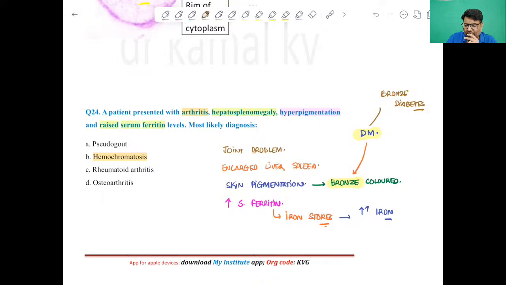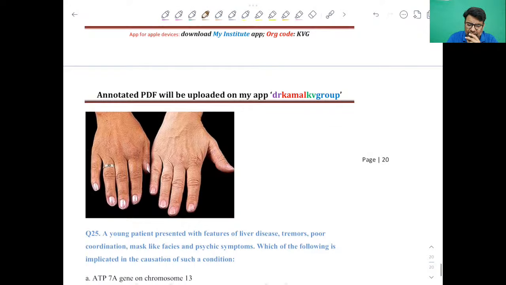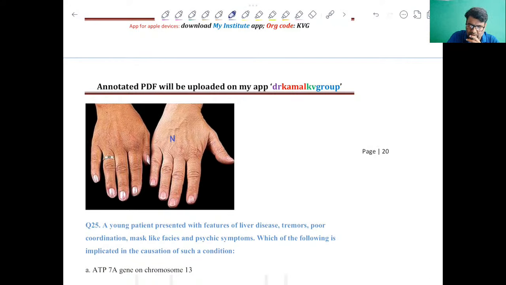Iron stores are high, there is bronze color pigmentation of the skin, there is diabetes, joint problem, and so this is how you can see this is normal person's skin and this is hemochromatosis, right? So this is hemochromatosis, bronze color. Clear? Fine. So this is how the skin appearance looks like.